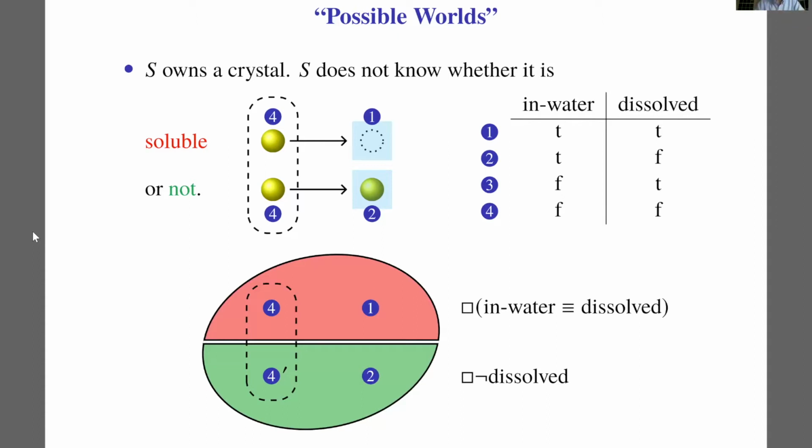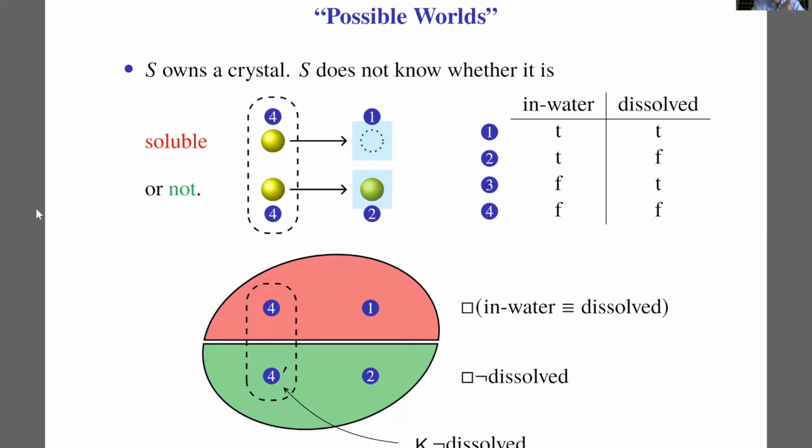And then on top of this, we have this dashed circle indicating that the agent or cognizer knows that the actual situation is inside this circle, but not which of those two worlds she is in. So this sentence says that S knows that.